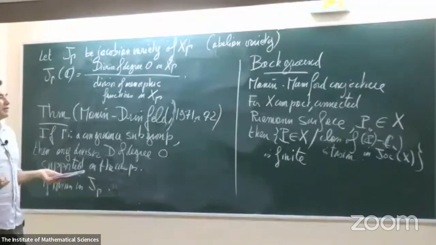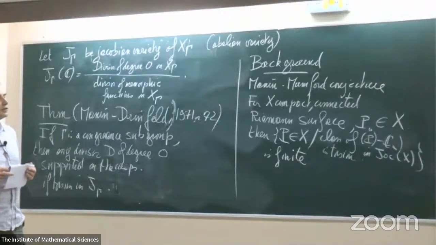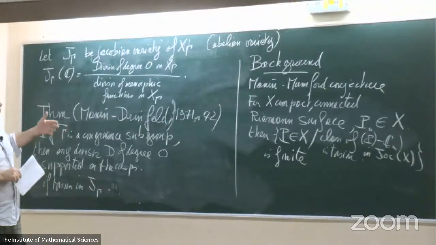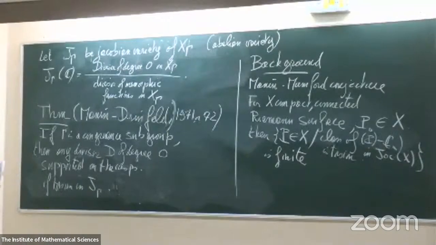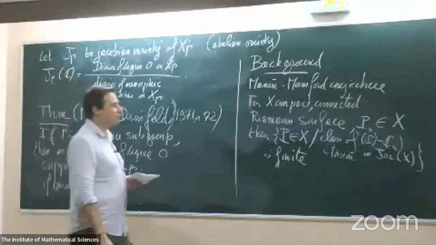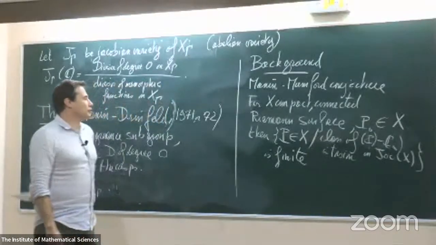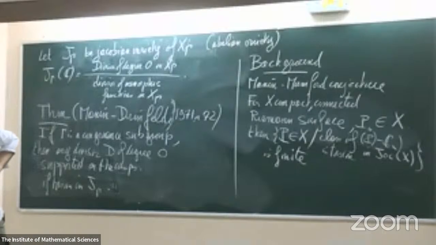And so it says that the fact that you have a divisor whose class is finite is a result of a rare difference.